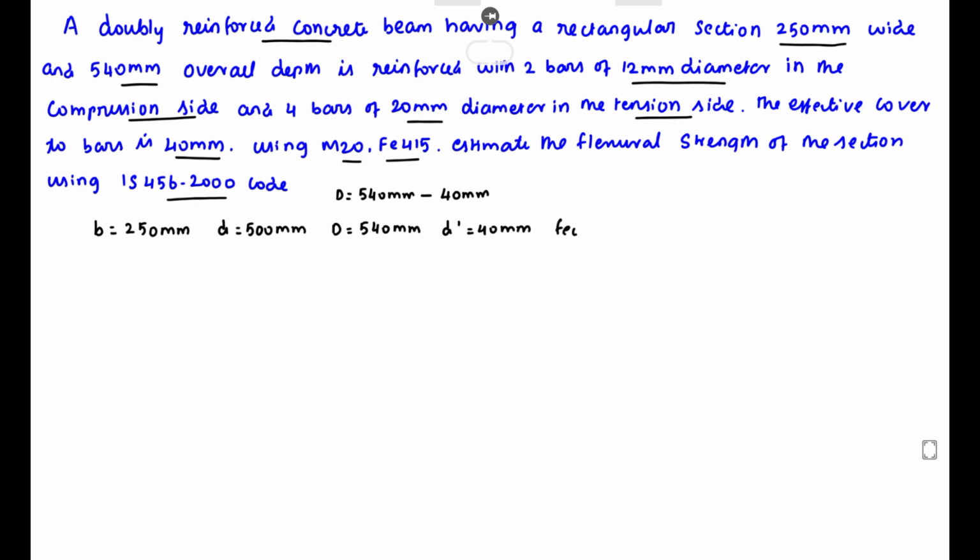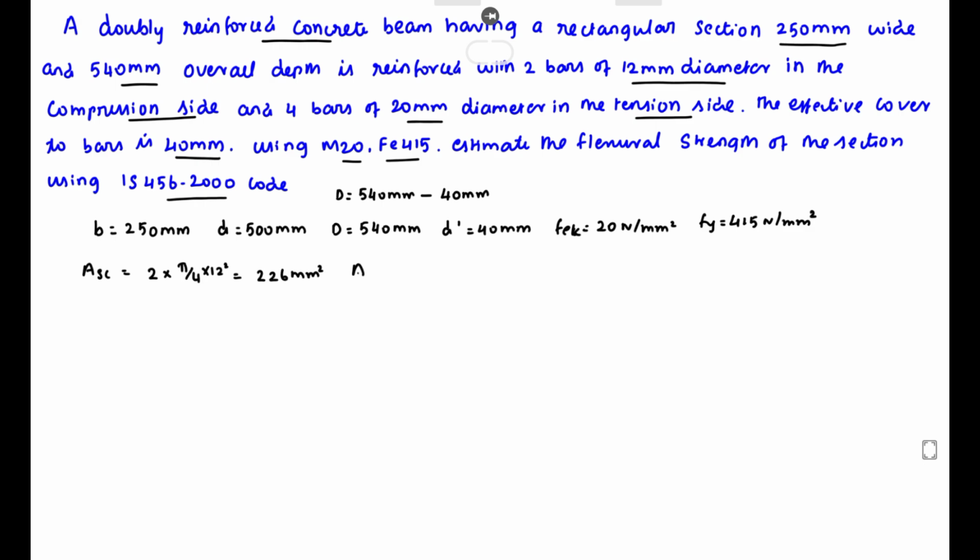Then fck equal to 20 Newton per mm square, and fy value is 415 Newton per mm square. Then Asc, the area of steel in the compression side, is 2 numbers of pi by 4 into 12 square, which is equal to 226 mm square.